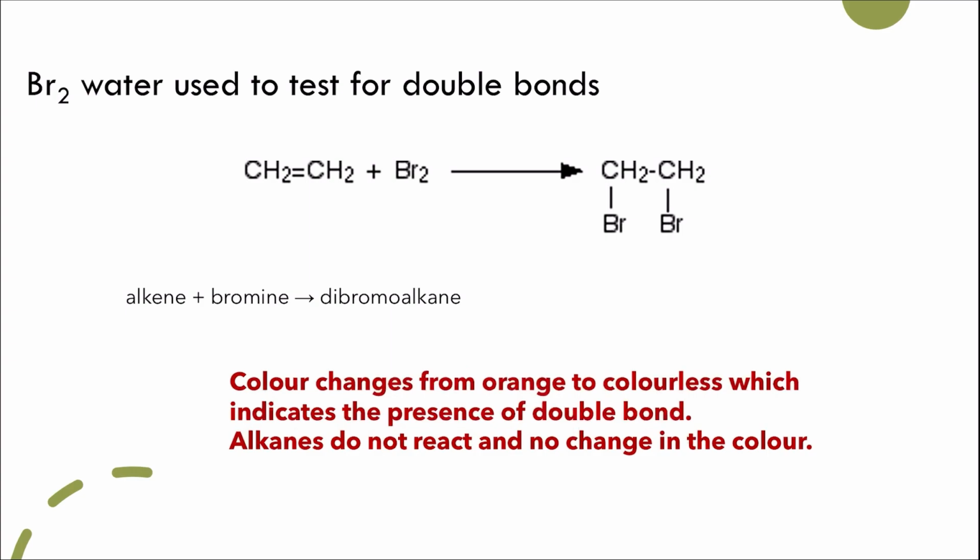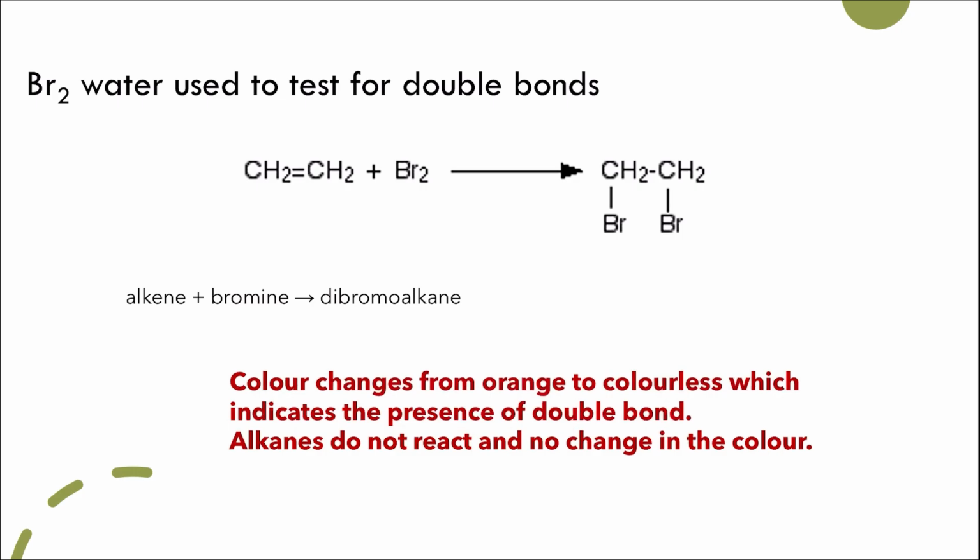If the color disappears, then that means there is a double bond in your substance or in your mixture or in your sample, whatever the nature of that sample is. This is because bromine will react with the double bond to give you the dibromoalkane, and then the color will disappear.